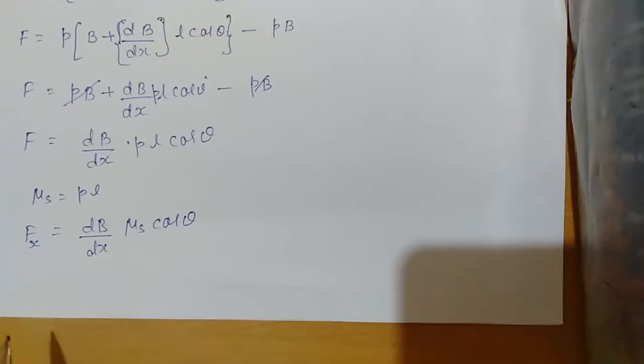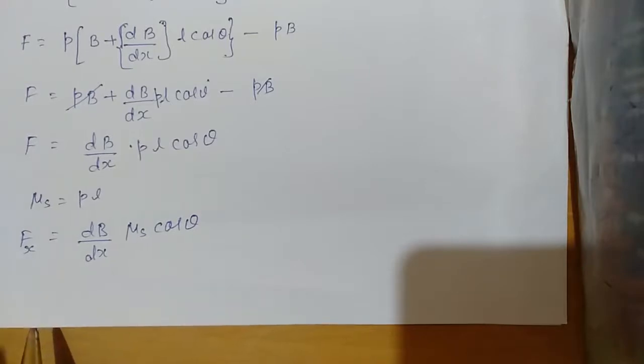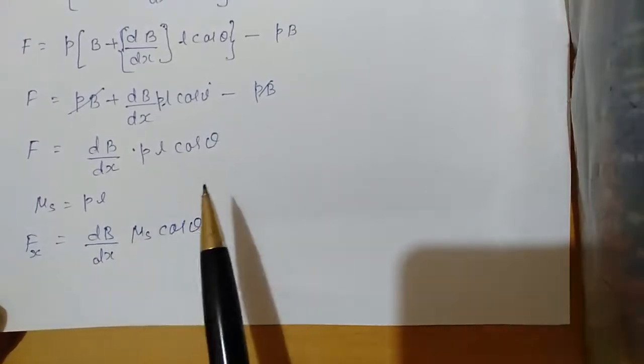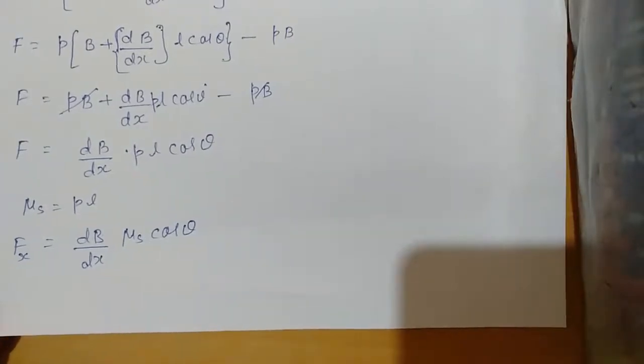Now let us calculate the deviation that takes place for this atomic magnet in the presence of the non-uniform magnetic field. That can be calculated as follows.